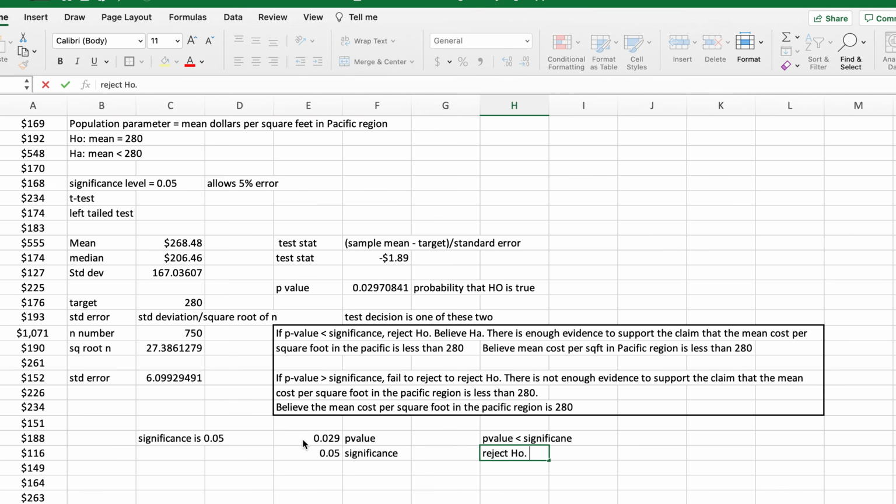Reject H0. There is enough evidence to support the claim that the mean is what? Let's be specific. Cost per square foot in the Pacific region is less than 280.